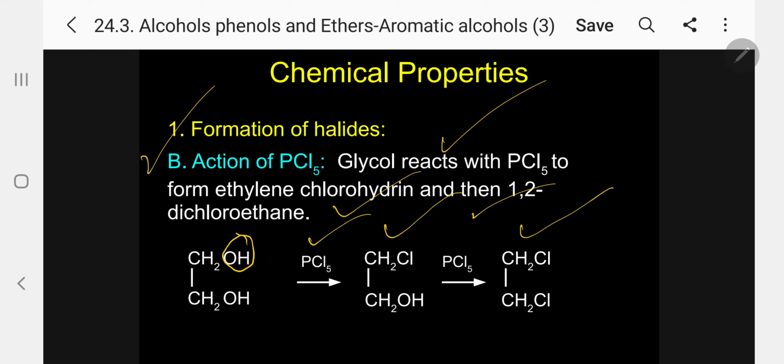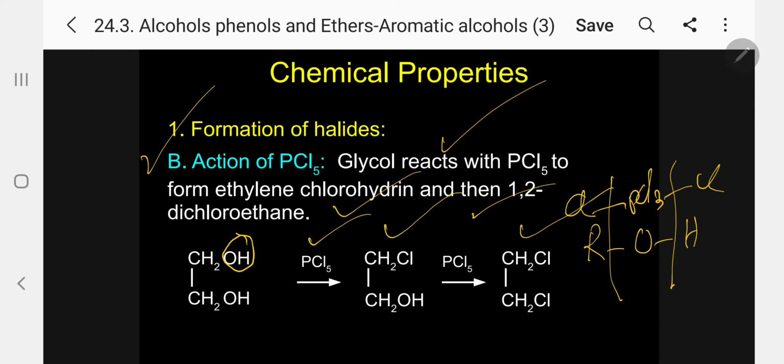This is 1,2 dichloroethane. Please don't forget, my dear students, this is the general reaction in the case of alcohol whenever we are using phosphorus pentachloride. So in what way does the reaction take place? This is the halide.